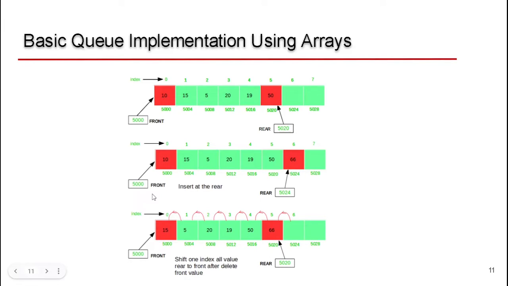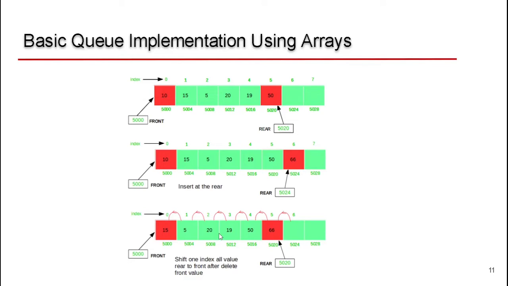So 10 is no more there. You paid your money and went to another place. Now the full queue will shift to the left. So 15 will stand in the place of 10, and 5 will stand in the place of 15. Is it clear?